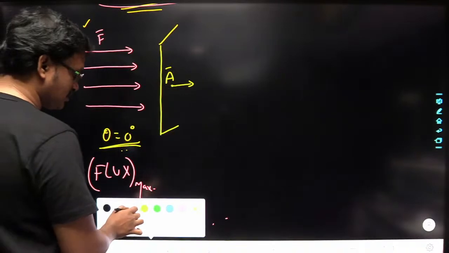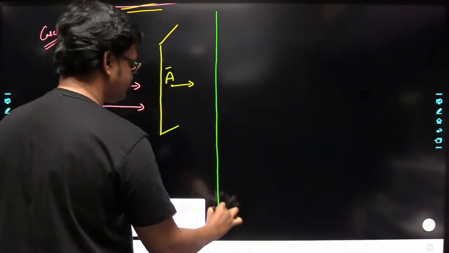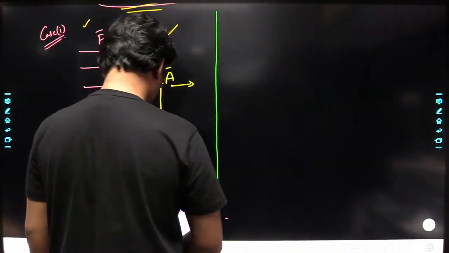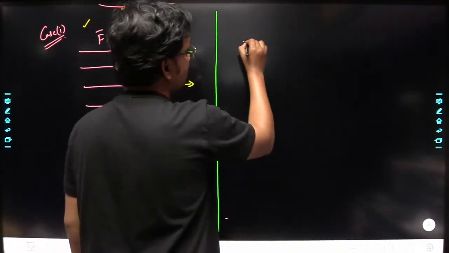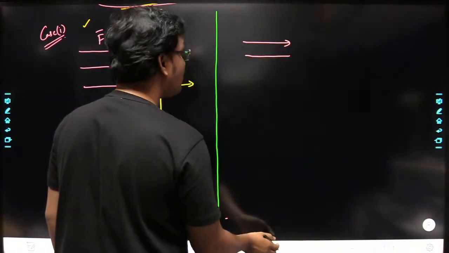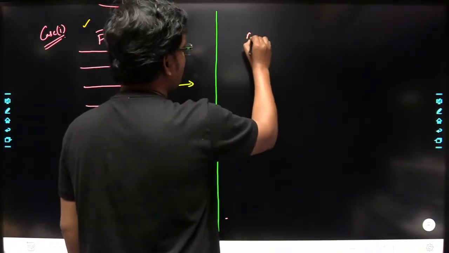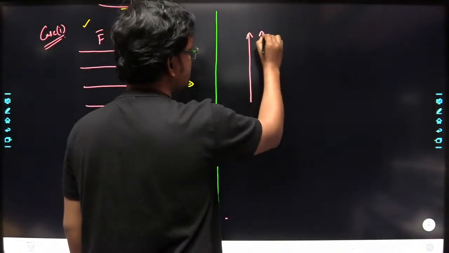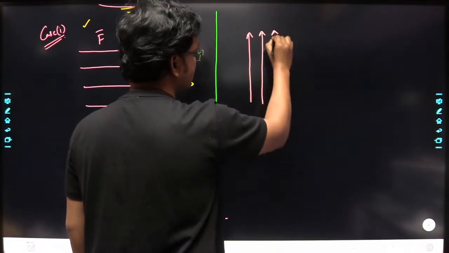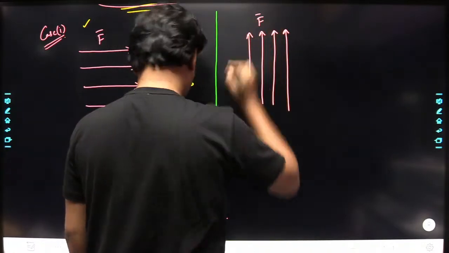Now if you consider another case like this. Let us say the vector field f bar is pointing in this direction.